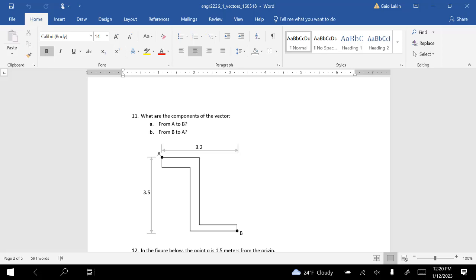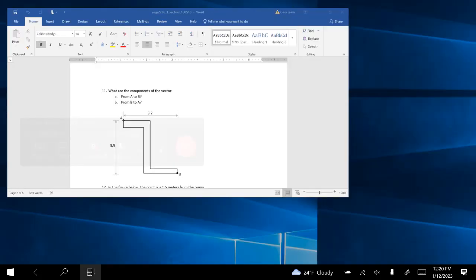It doesn't matter where you put your origin, so you might as well put your origin at the starting point. So let's see, 3.5 and 3.2.